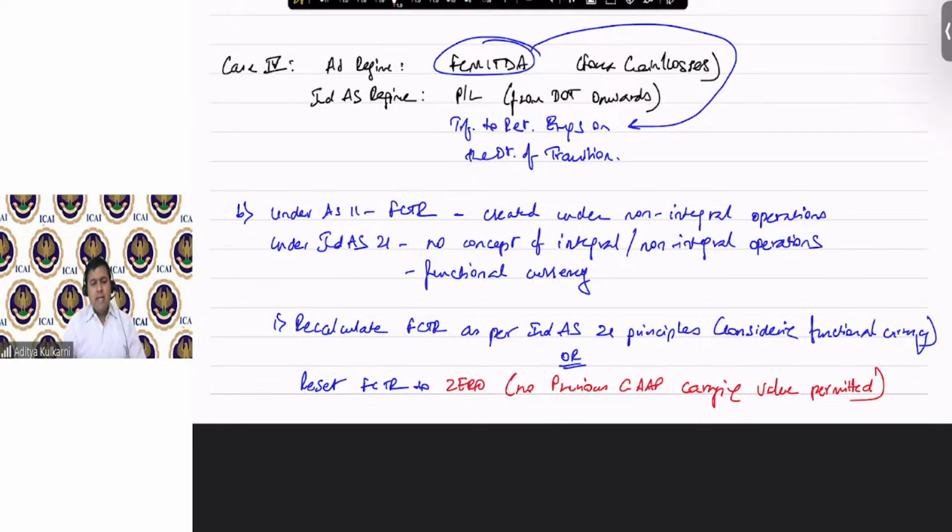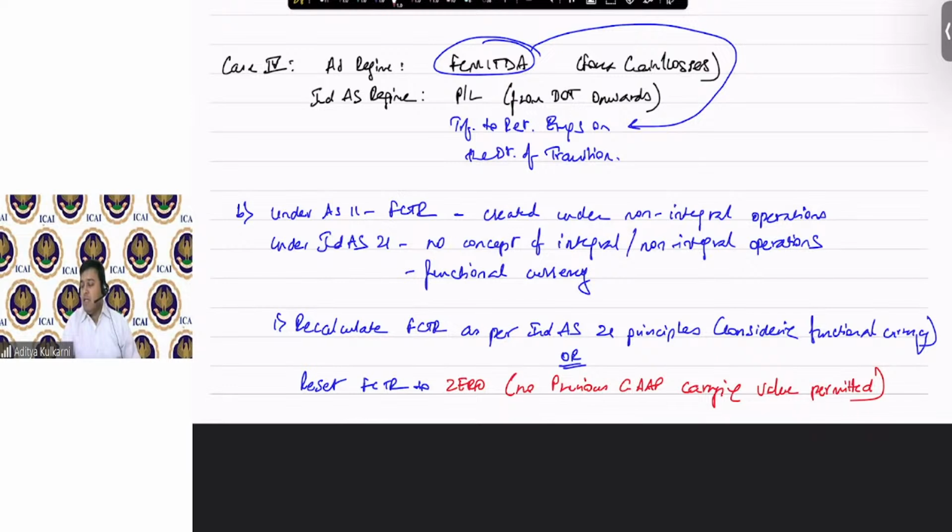Basically, we are trying to make the convergence, I mean the adoption process, as streamlined as possible. Wherever there are gaps, we are plugging the gaps with these provisions. So I cannot continue with that FCTR. The same way I could not continue with the SBP reserve where options were under vesting.